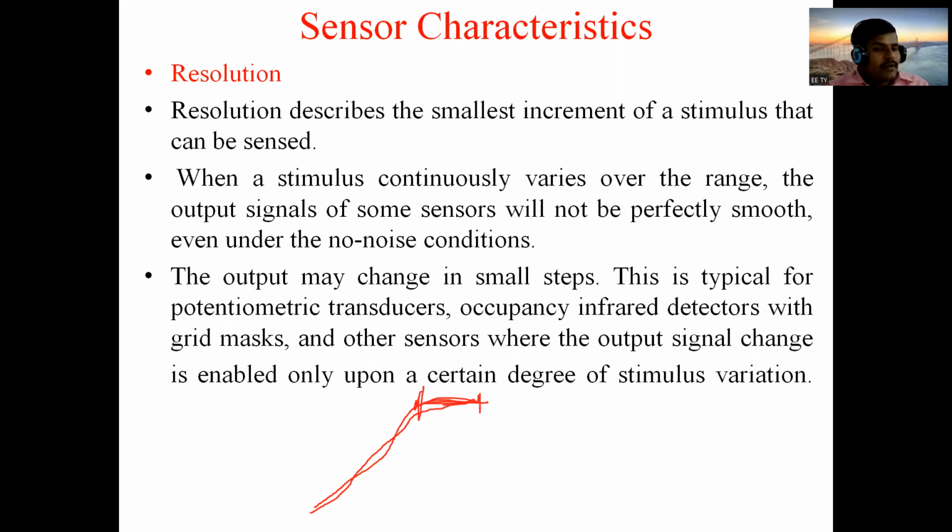So again, somewhat the proportion is the same as that of a gear ratio. Suppose the sensed input is 100%, in that situation it will produce an output of 50%, right? So in small steps the output will change, and this typically happens for a potentiometric transducer.